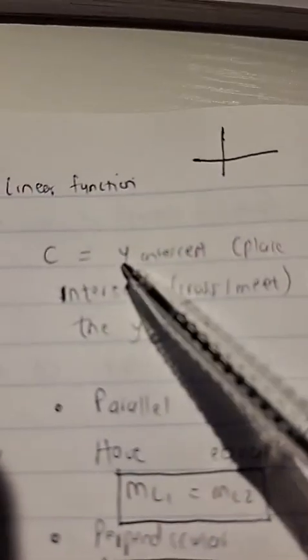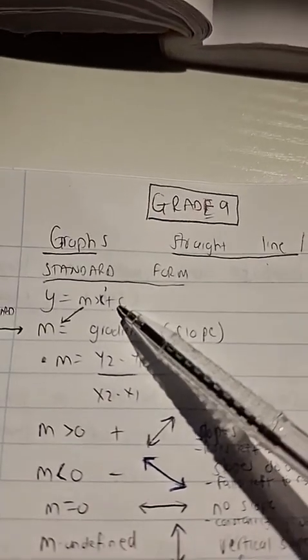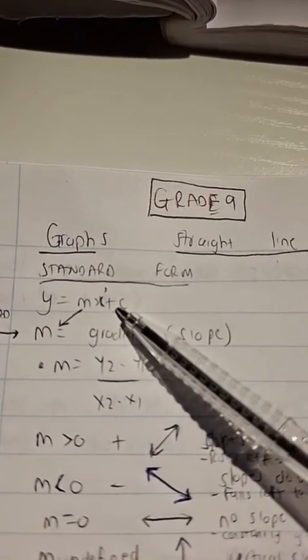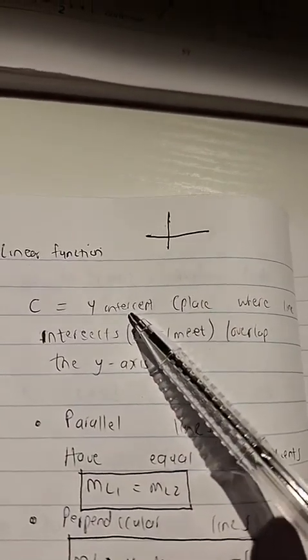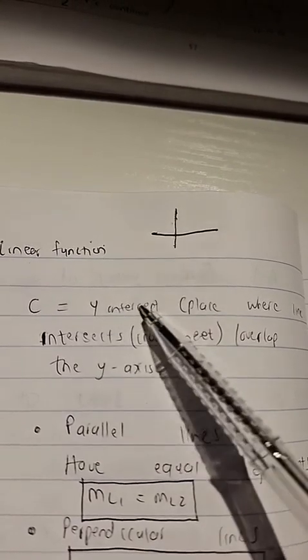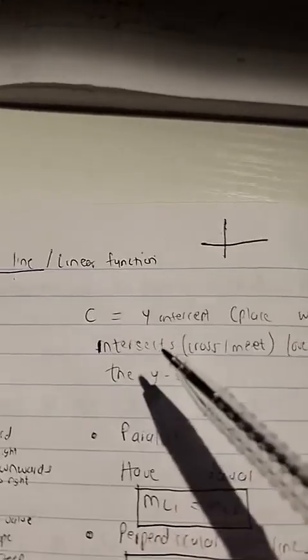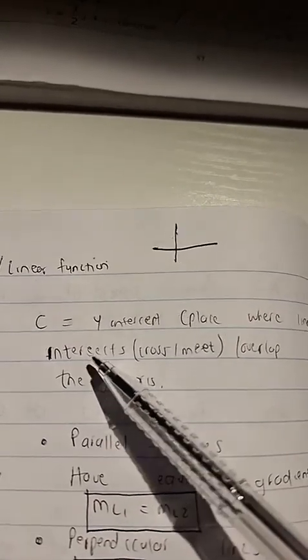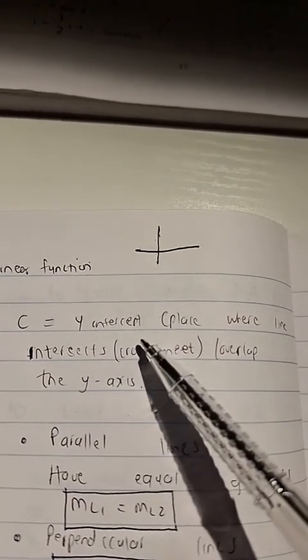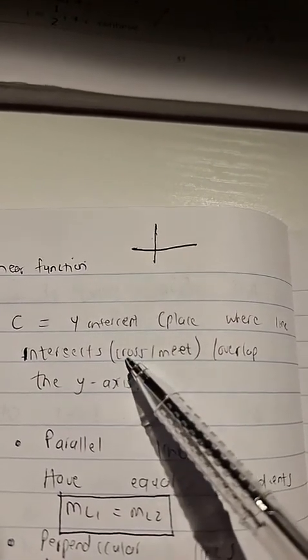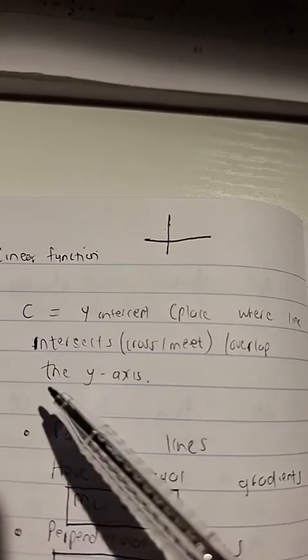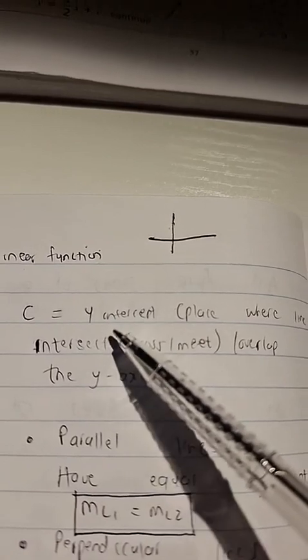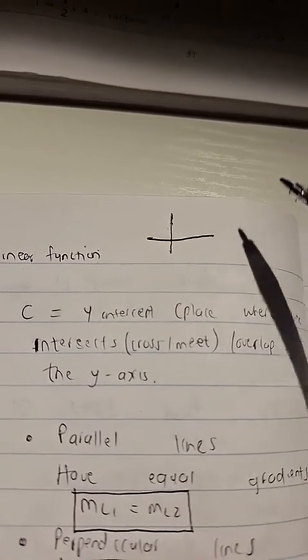So this value of c for our straight line equation represents what we call the y-intercept. It's the place where the straight line intersects. What does the word intersect mean? In other words, it's the place where the line will cross or meet or overlap the y-axis. That is what our y-intercept is referred to.